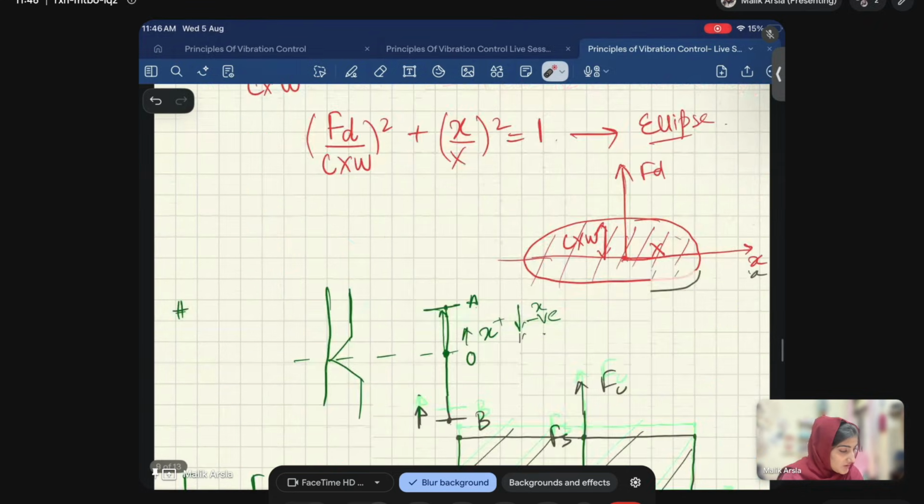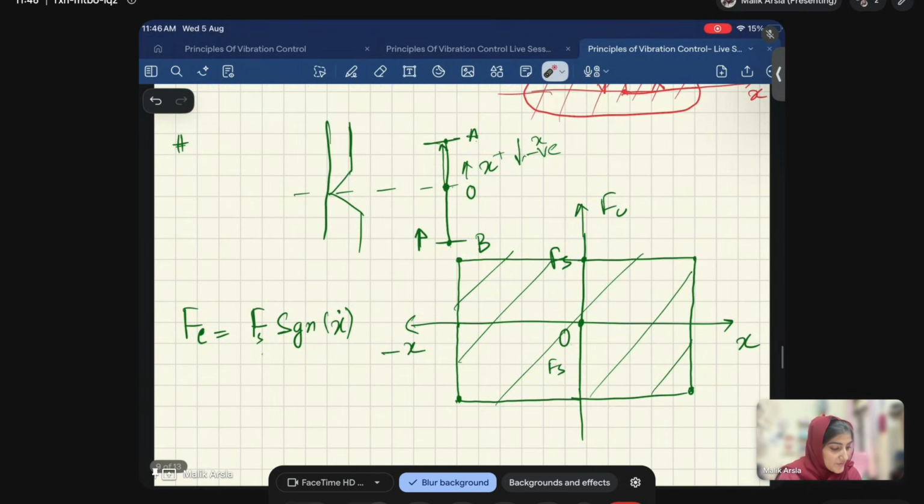For the Coulomb damping, or basically the friction damping, we have, for example, these two surfaces which are trying to move against each other, so there will be a sort of friction. Say this is their mean position, 0.